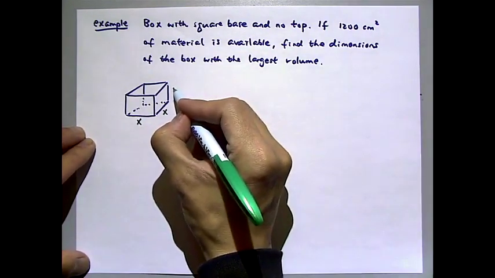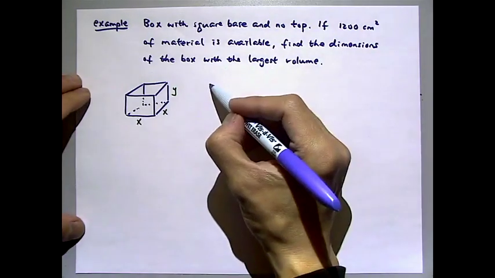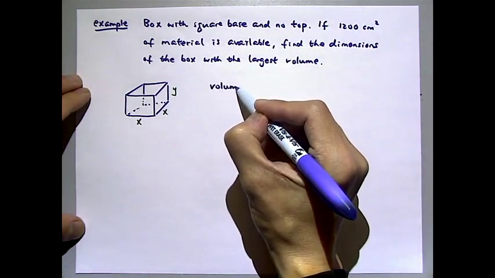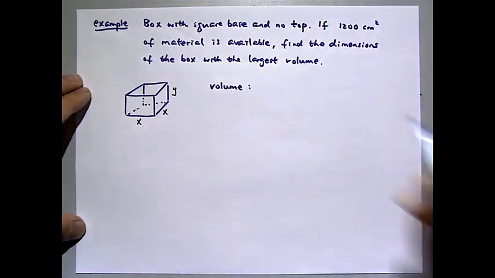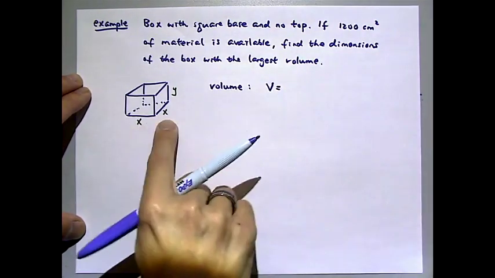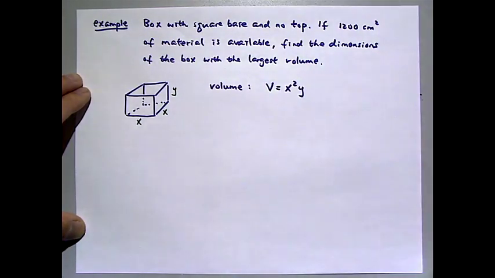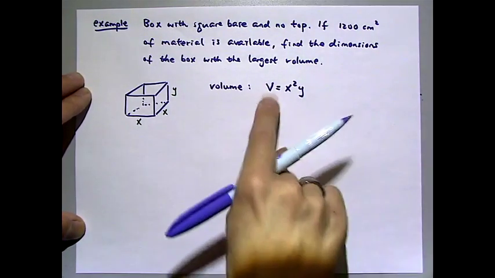Call the height whatever you want, y. The volume of this, let's call that V, capital V for volume, is length times width times height, right? x squared y. And we would like to maximize this.